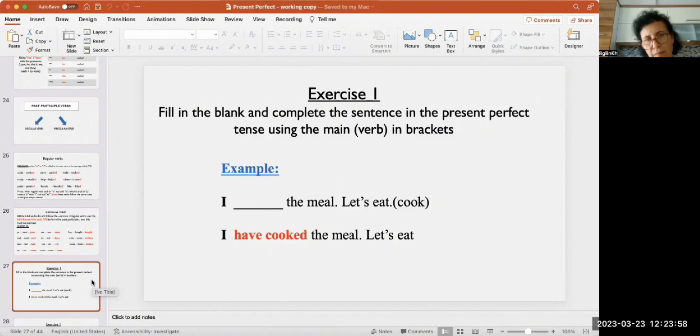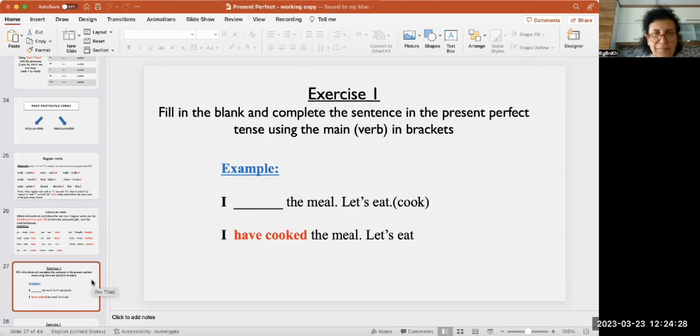So remember, there has to be a subject. It has to be followed by has or have. And then it has to be past participle verb at the end. So here's my example. I have cooked the meal, because have goes with I, okay? And the past participle of cook is cooked.